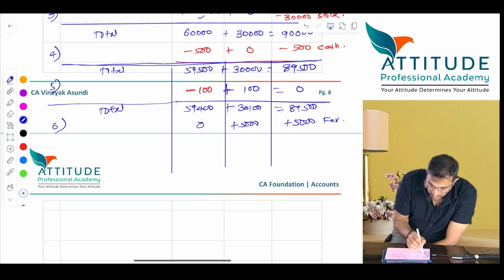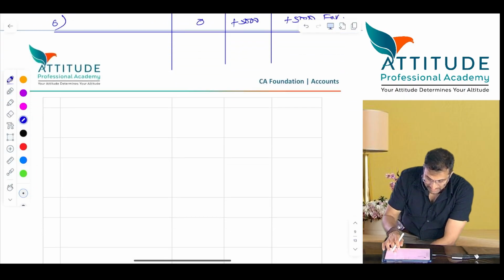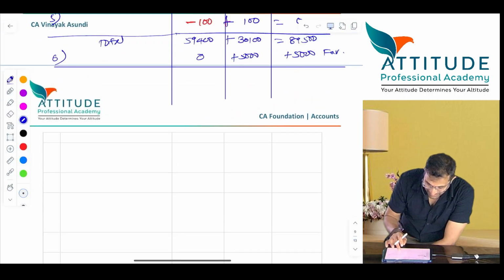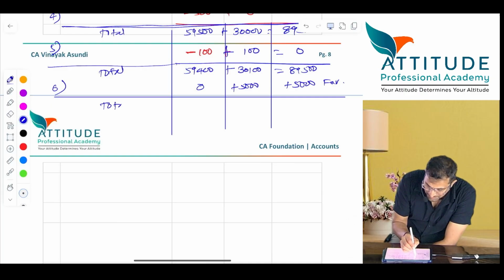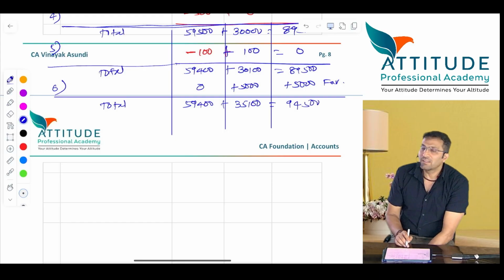This is 0. चलो total करो. That's okay. I did not see that. Okay, total बोलो. 59,400 plus है 35,100 is equal to 94,000. Does it hold good?